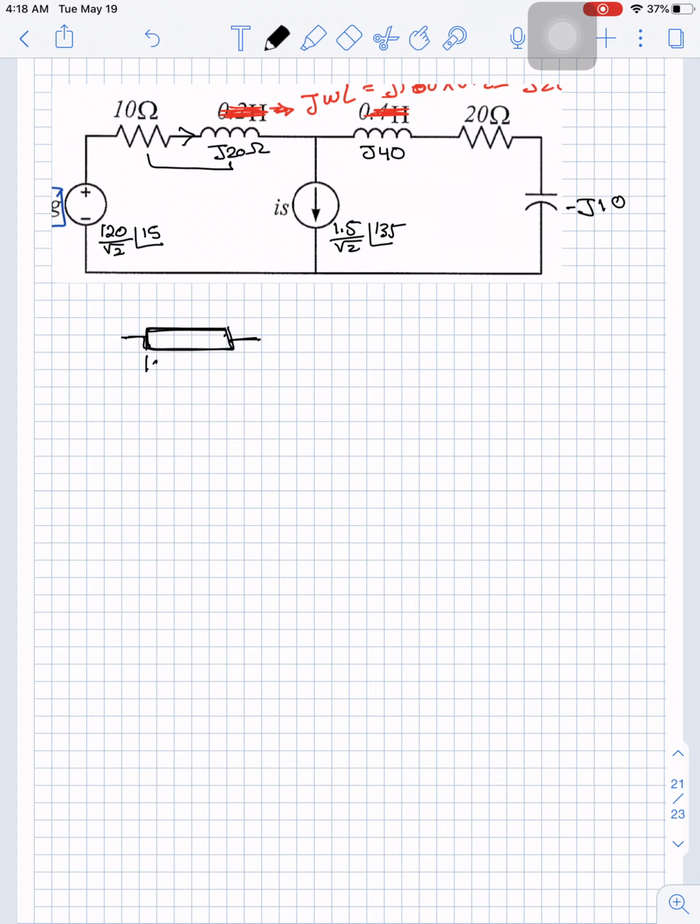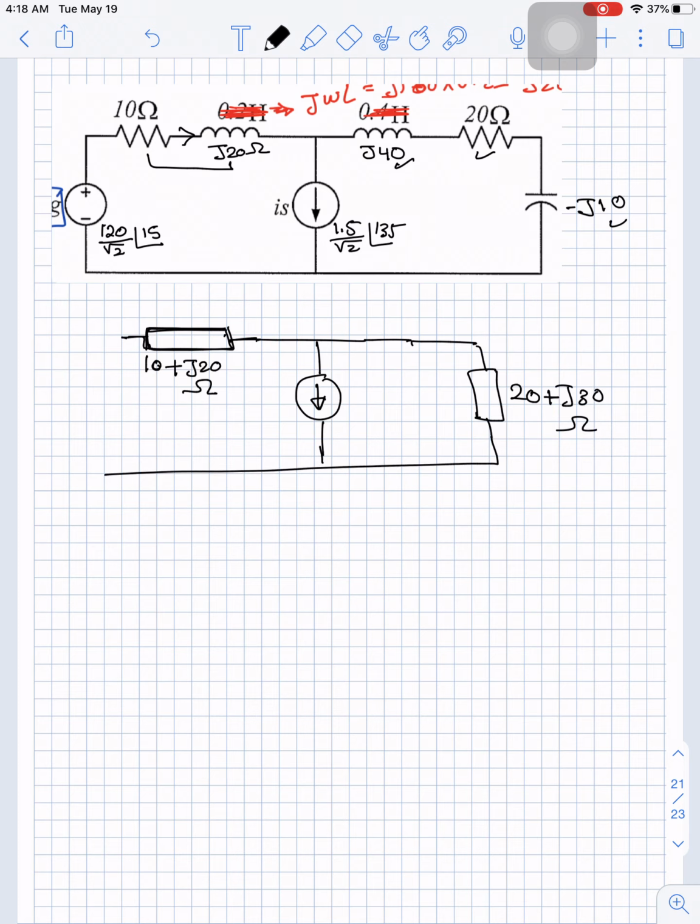So this impedance will have a value of 10 plus J20, and its unit is ohm. Then we have a current source here. Then this one plus this one plus this one will be 20 plus J30, and the unit is ohm. And we have a voltage source here.